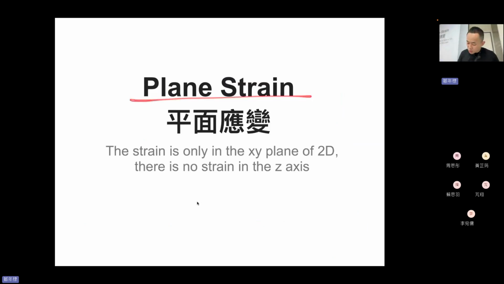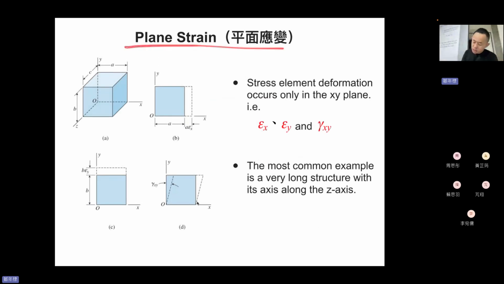Okay, next one, plane strain. Again, plane strain means that the strain is only on the xy plane. No strain in the z-axis. All right, so let's discuss this. Plane strain. The stress element deforms only on the xy plane. So epsilon x, epsilon y, gamma xy.